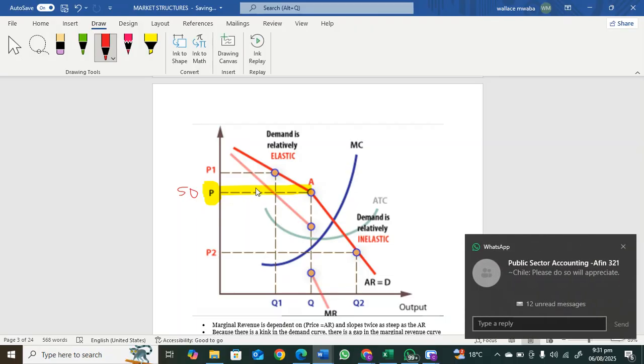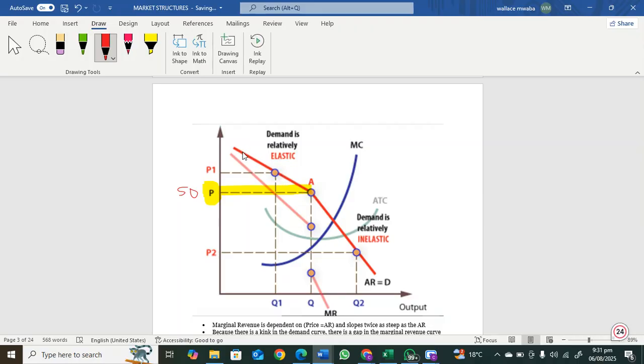Now, as you've noticed, above the price, demand is elastic, and below the price, demand is inelastic. So we'll start with scenario one, where one firm increases the price.